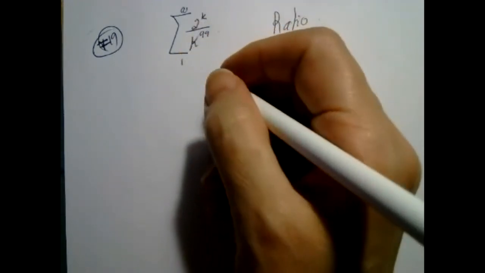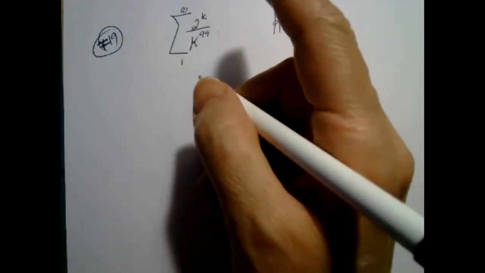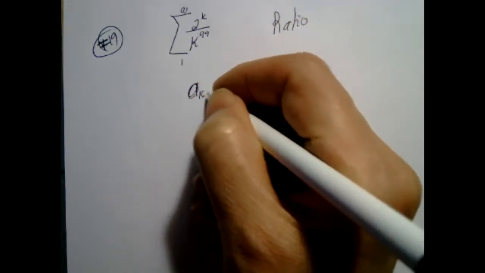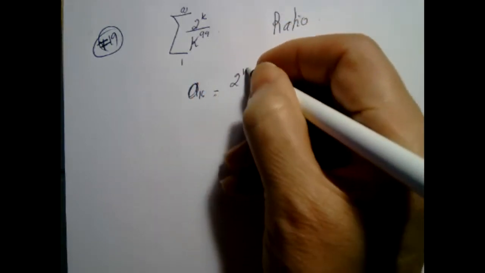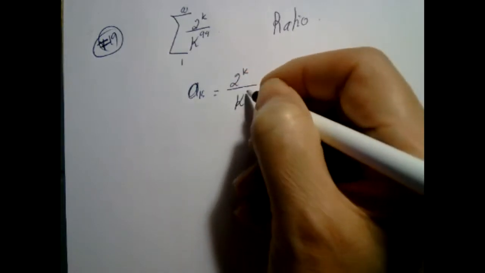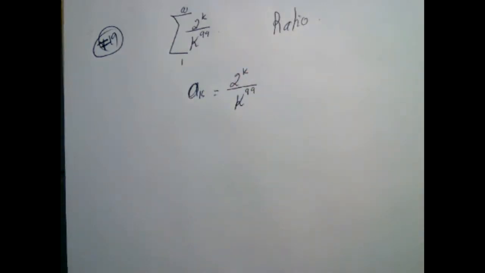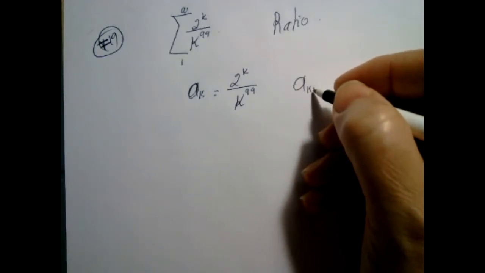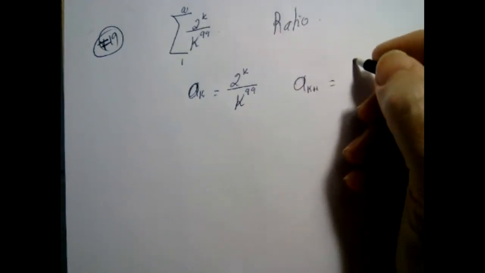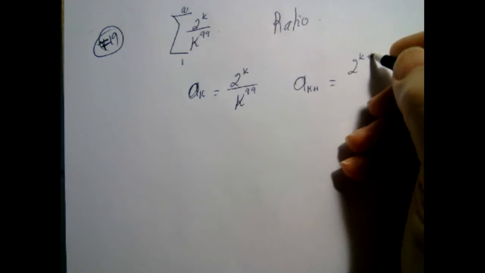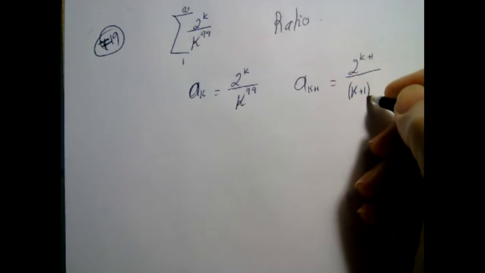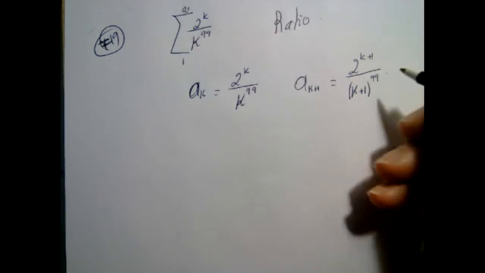And then I'm going to ask you a question, to see if you guys can answer. a_k equals 2 to the k over k to the 99. The term that comes after is 2 to the k plus 1 over k plus 1 to the 99.